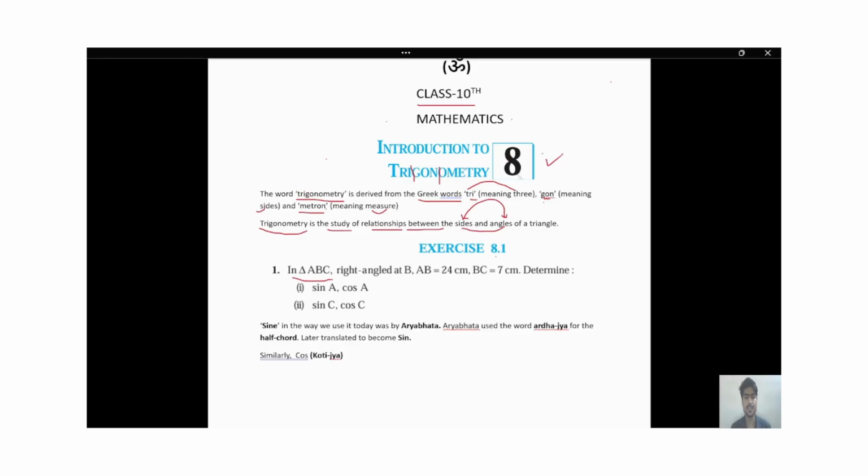In triangle ABC, right angle at B, AB equals 24, BC equals 7, determine sine A, cos A, sine C and cos C. I hope you understood the question.